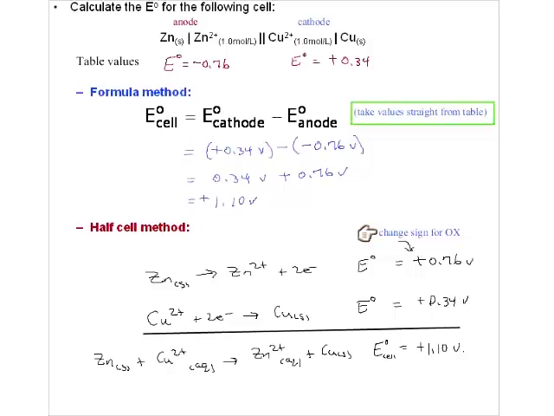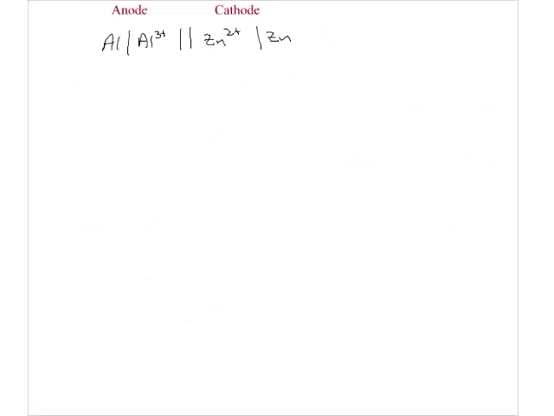Let's do a couple more examples. Okay, in this case, we've got the shorthand notation. We've got an aluminum half cell and a zinc half cell, and we're saying, okay, this is shorthand notation, so this is going to have to be my anode. In shorthand notation, this has to be my cathode because it's on the right-hand side. So if you wanted to calculate this, we'll simply say, okay, for the aluminum, we're going to do the half cell method here.